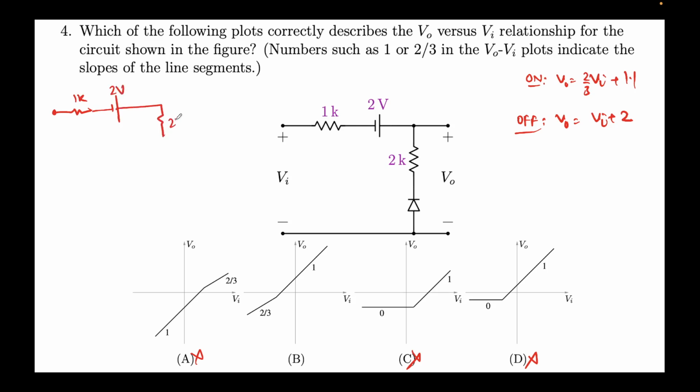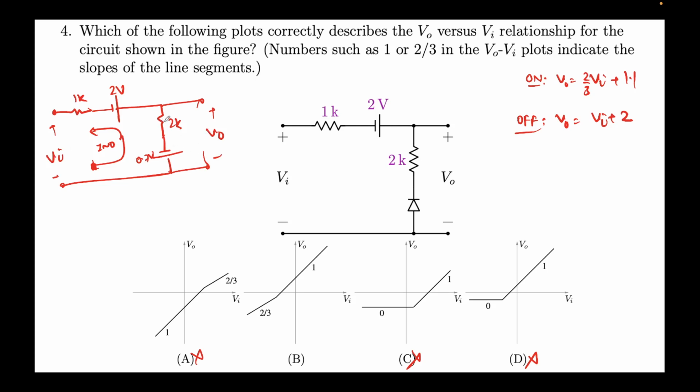As we know, we take it as 0.7 volts, and we assume that the current I will be approximately equal to 0, because the diode is just turning on.